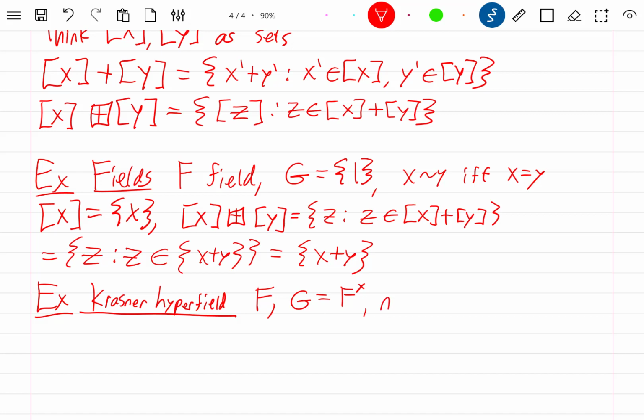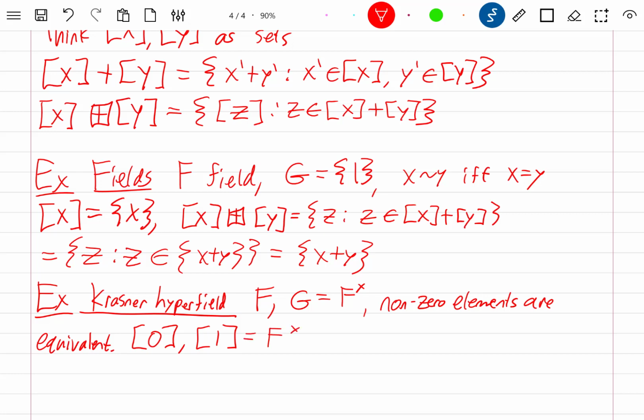So non-zero elements are equivalent. This gives us two representatives, 0 and 1, where 0 is just the set {0}, and 1 is really equal to everything else.